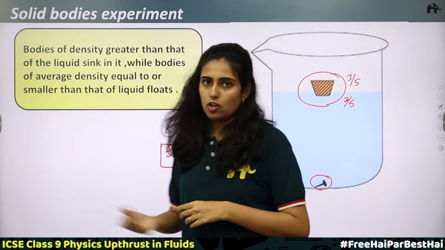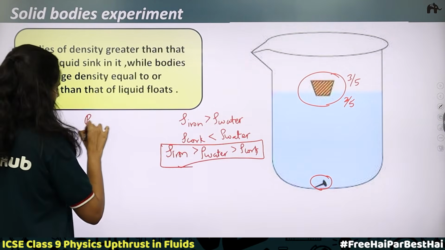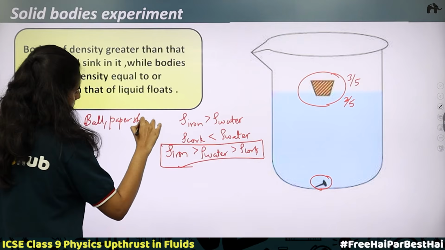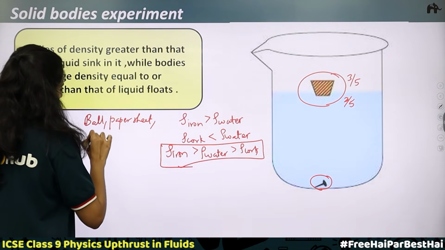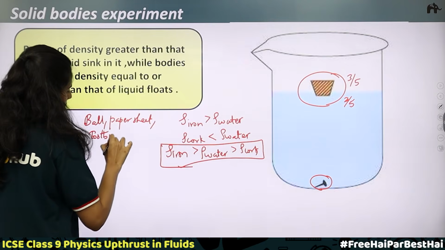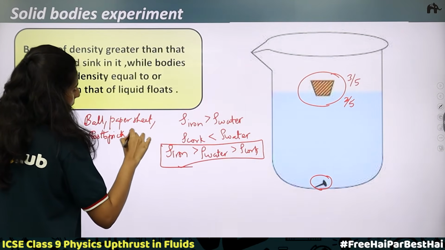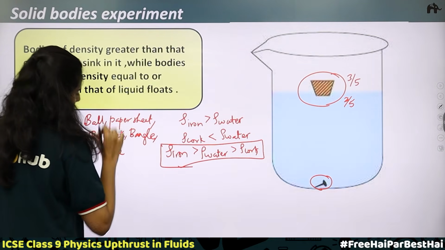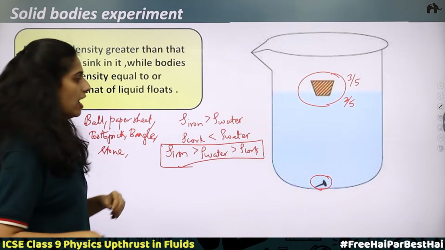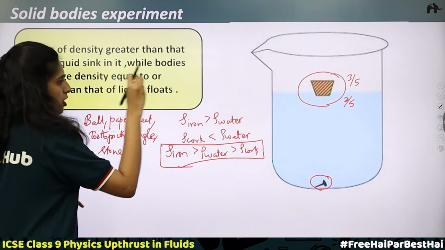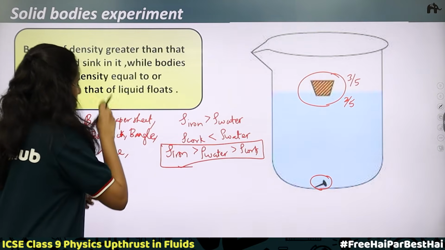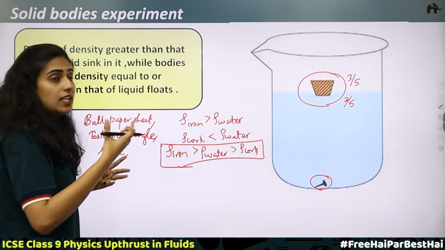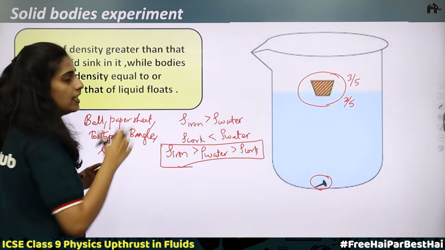Now, when you take different objects, for example, a bowl, a paper sheet, a toothpick, a bangle, a stone, and you try placing these objects on the surface of water, you will see that some objects will sink, some will float, and some will float in such a way that the entire body is inside the liquid.